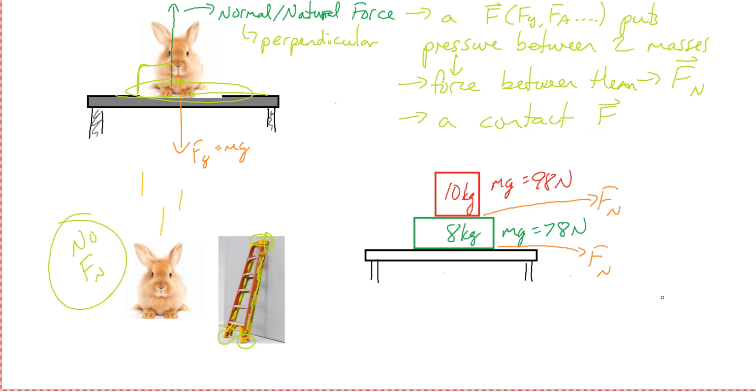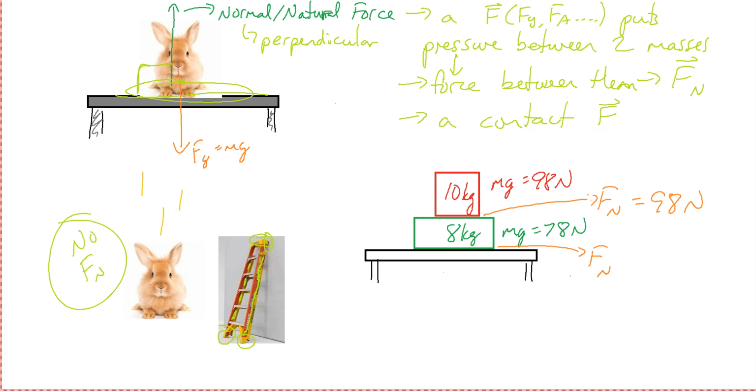This is the reason why Fn and force of gravity are often connected to each other. The Fn on the top would just be 98 newtons. It's just the weight of the red box pushing down on top of the green box.